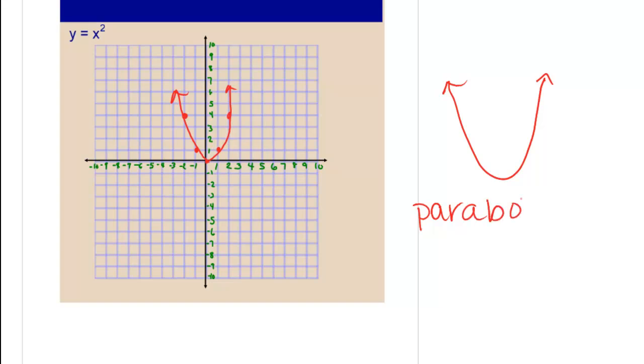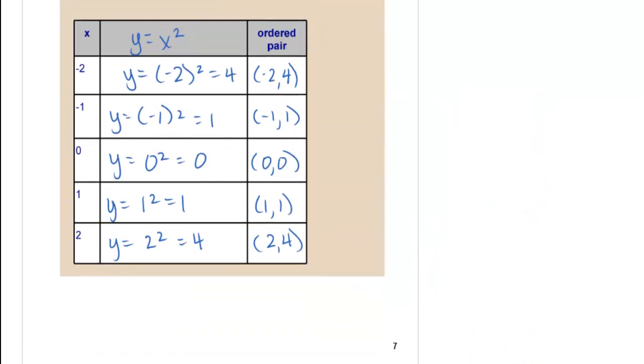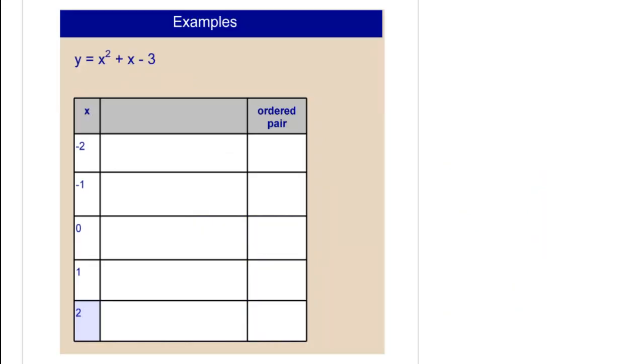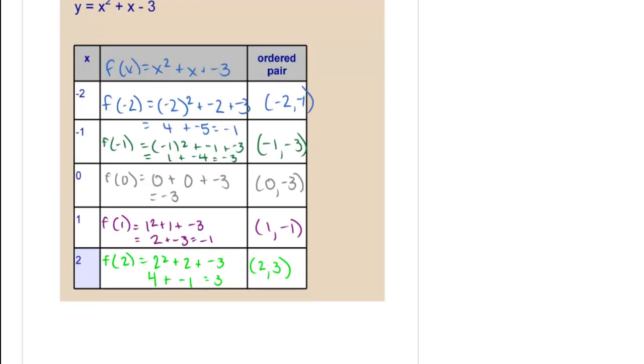You'll learn more about parabolas in algebra, but you should be able to graph any equation I give you, regardless. So use these 5 x values, come up with 5 ordered pairs, and graph this equation. Here are your 5 ordered pairs: -2, -1; -1, -3; 0, -3; 1, -1; and 2, 3.